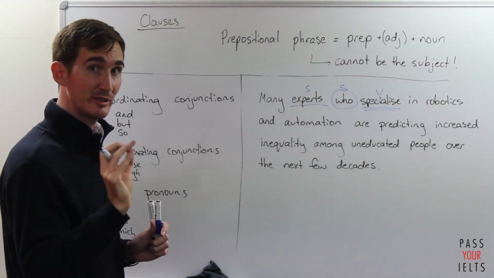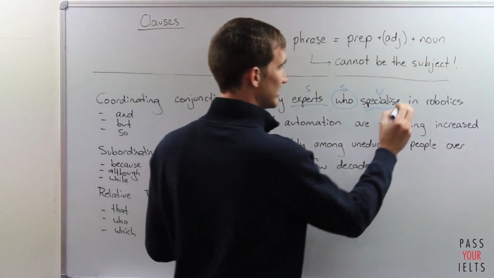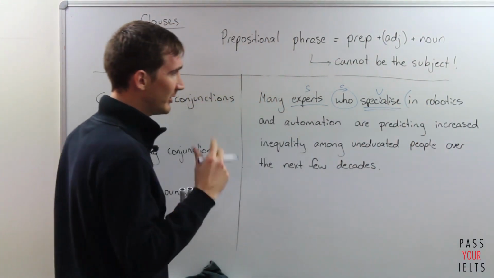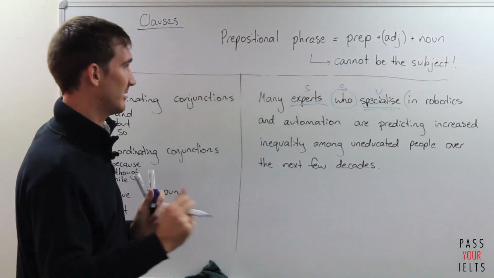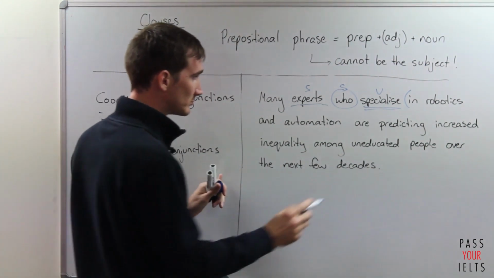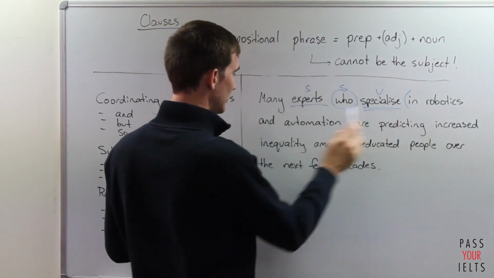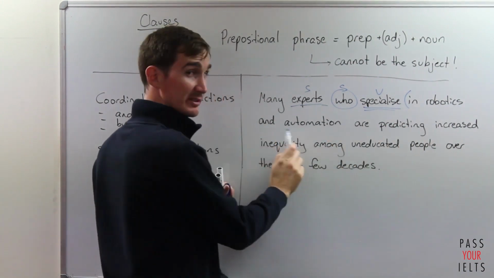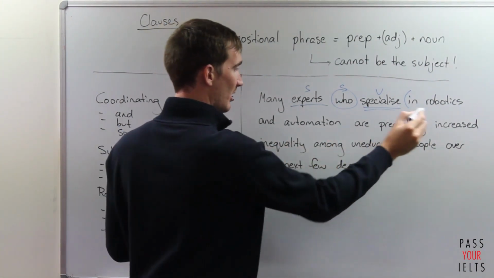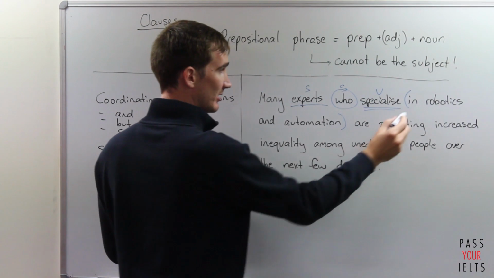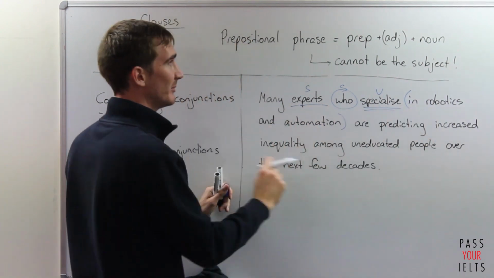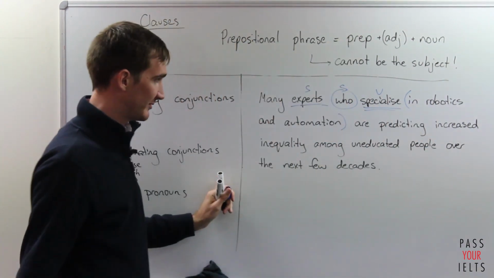We've got this little word in. It's a preposition. And I want to go from preposition till the next noun. So preposition, noun. Look, these two nouns are connected by and. So I'll put this little part around here. So I know this is in robotics and automation. This is a prepositional phrase.